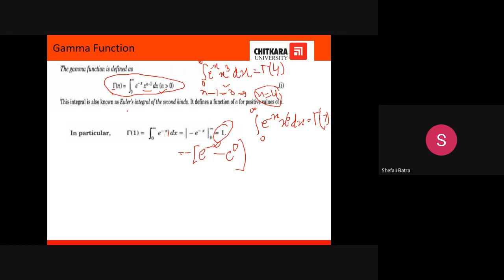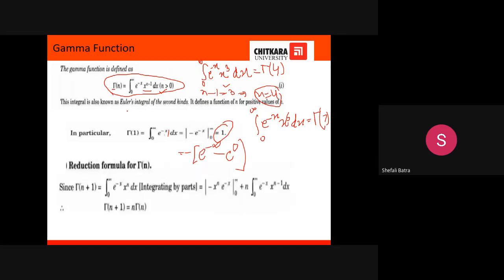But we will find its reduction formula. Next is your reduction formula for gamma n. Gamma n plus 1 is equal to integral 0 to infinity e raised to power minus x, x power n into dx. In the gamma n definition you write x power n minus 1, now here it is n plus 1, so you'll be writing x^n dx.